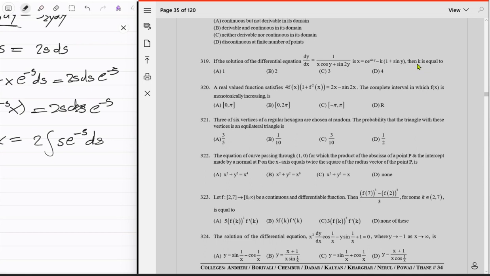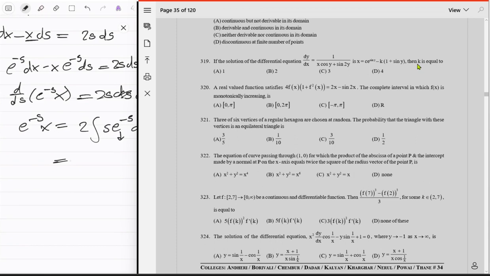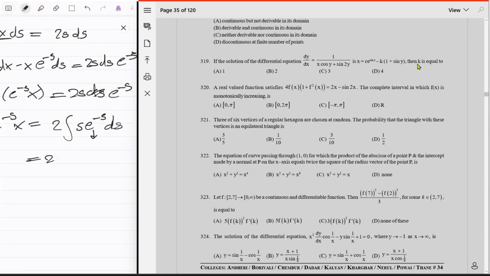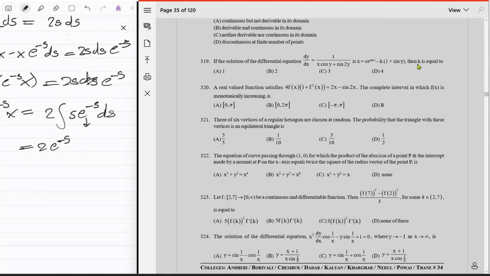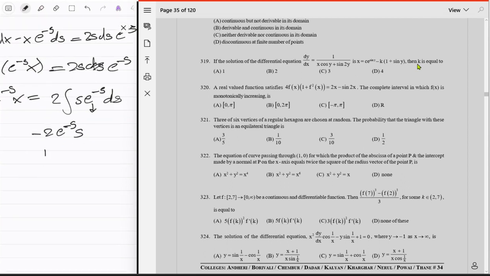right? Okay, integrate this, differentiate that. It has become quite long, hasn't it. So 2 times, negative s, so negative will come, and then plus 2 integration of e power negative s.